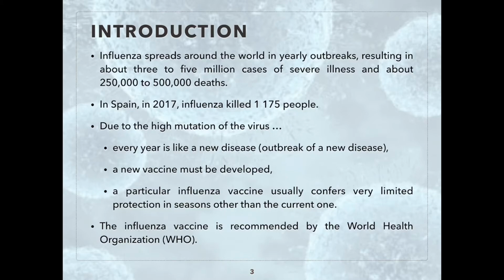A new vaccine must be developed, and a particular influenza vaccine usually confers very limited protection in seasons other than the current one. Anyway, the World Health Organization recommends the influenza vaccine.